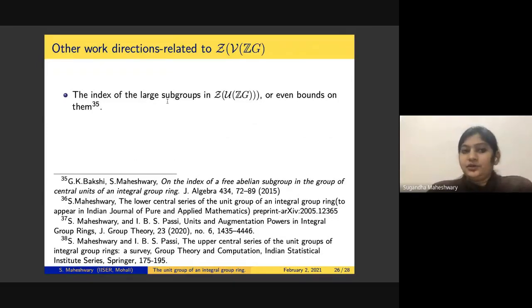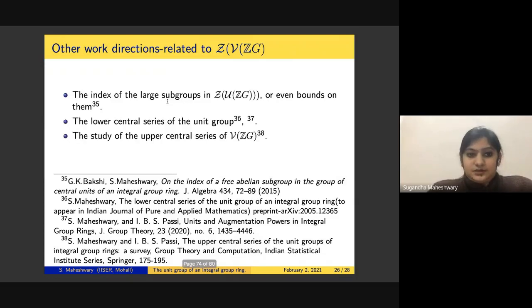To understand that index, we could just find a bound. We couldn't find the explicit index, but that bound was also somewhat important to understand how far the subgroup is from the whole group, how large it is basically. So these kinds of works are important if you can really find the index or even bounds on them.